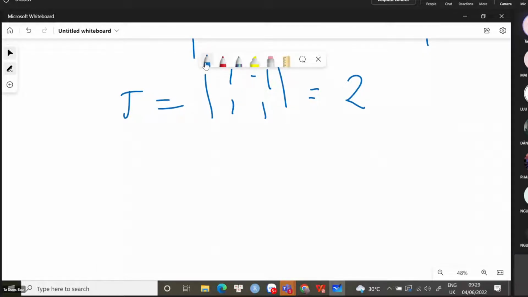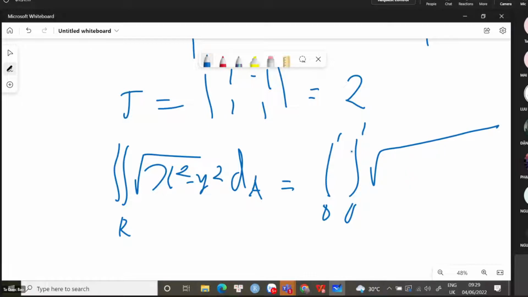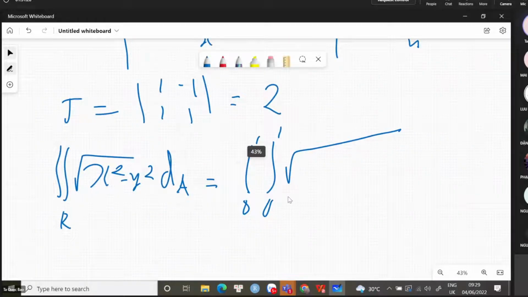Therefore, our integral on R of the square root of x power 2 minus y power 2 dA becomes the integral from 0 to 1, the integral from 0 to 1, of the square root of (u plus v) power 2 minus (u minus v) power 2, okay?